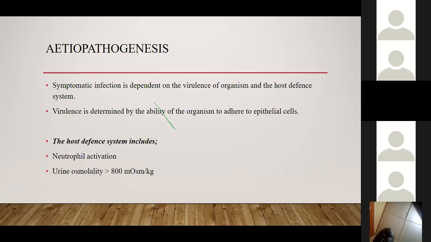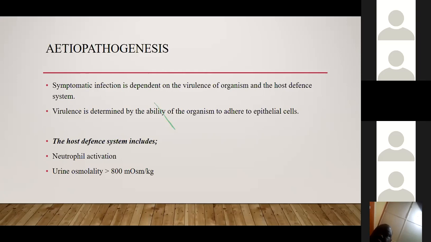It means they get stuck there, you are making urine, you are peeing, but then you are not getting rid of them. They get stuck there, they replicate, and they get into the cells, and then they produce symptoms. So the ability of an organism to adhere to the epithelial cells of the urinary tract increases the virulence of this organism.